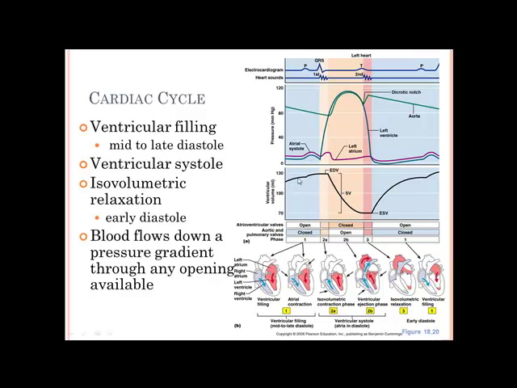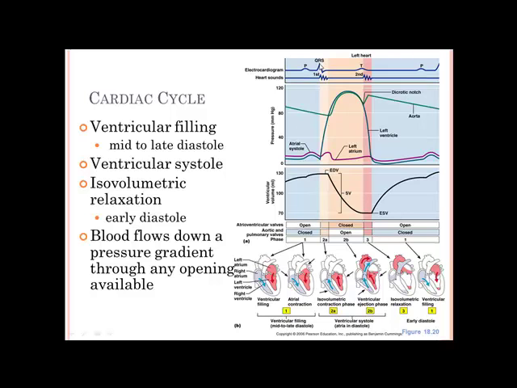So this shows the amount of blood in the ventricle is increasing. This tells me my atrioventricular valves are open, and my semilunar valves are closed. It shows that the atria are filling the ventricles.